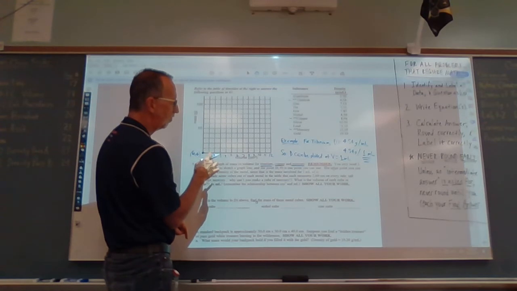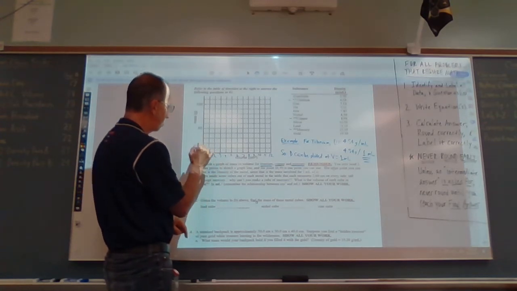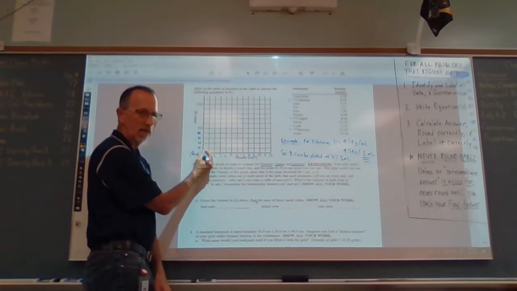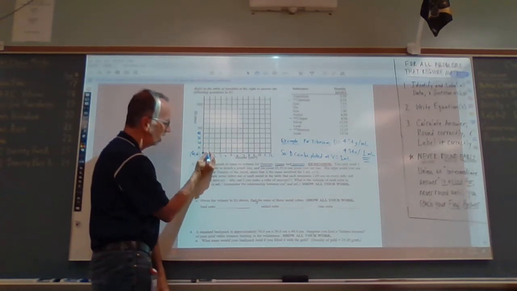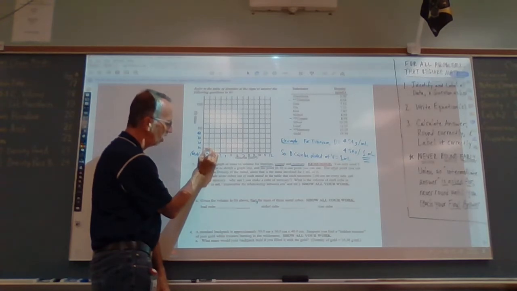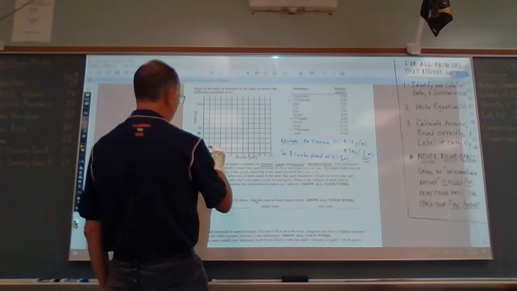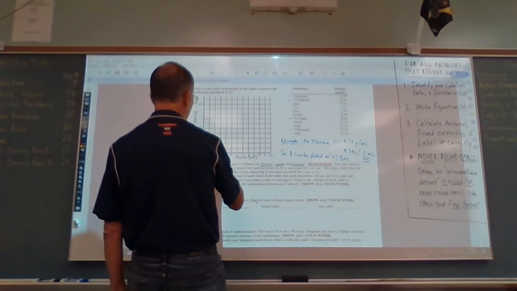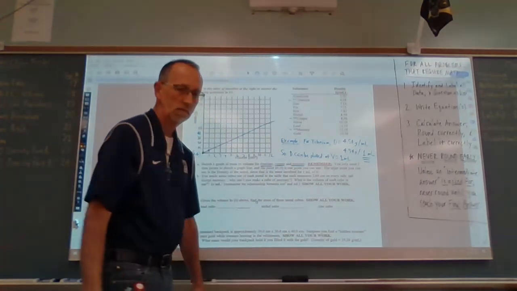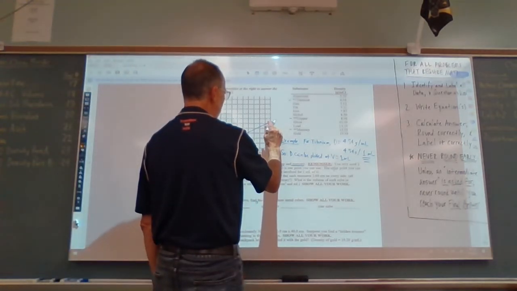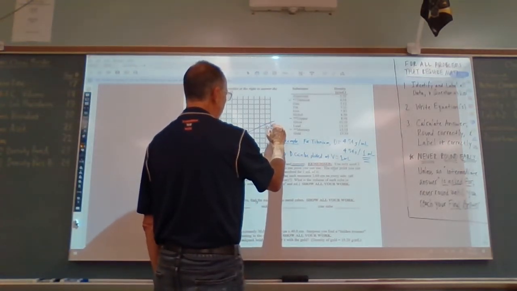The density is 4.54. Well, here's 40, 30, 20, 10. So it'd be about halfway between 0 and 10, and then it's at 1 ml. There's my second point right there. Again, I don't have a straight edge, but there you go. There's the density of titanium.